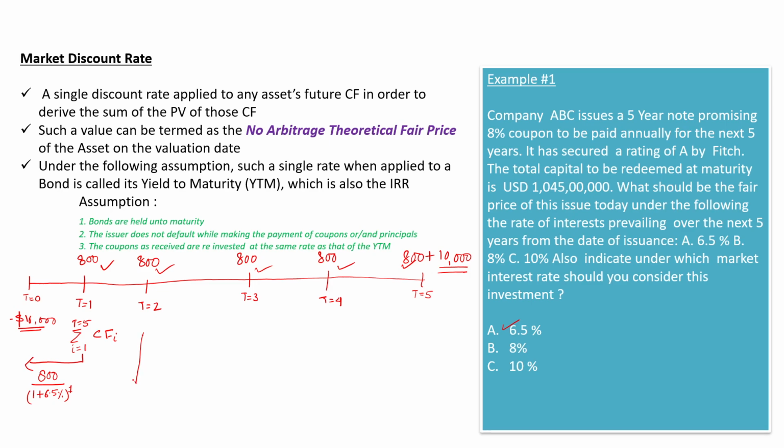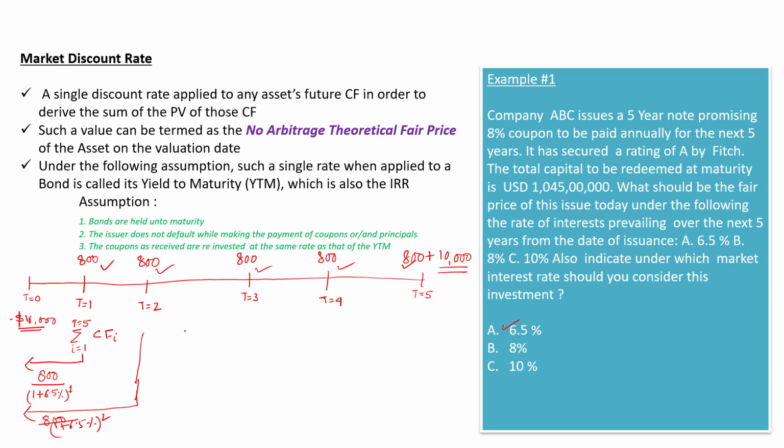Now, what about the second cash flow? The second cash flow, similarly, if you extend, would be 800 divided by 1 plus 6.5% squared, right?